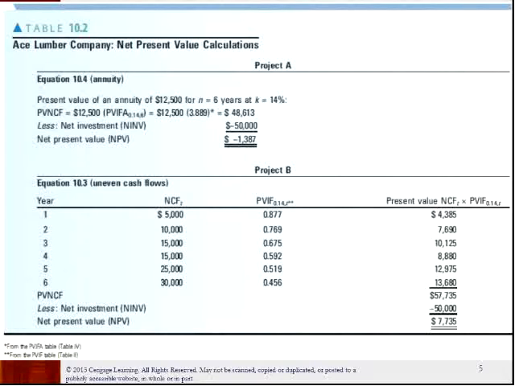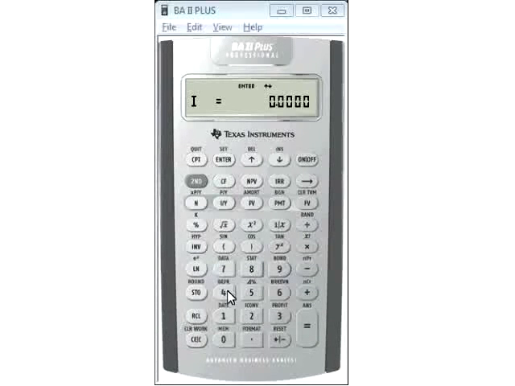If you use 14%, let me go back there, use the calculator. I is 14. Enter, down arrow, compute. It's minus 1391. Now, we are done with that one, that problem, NPV.